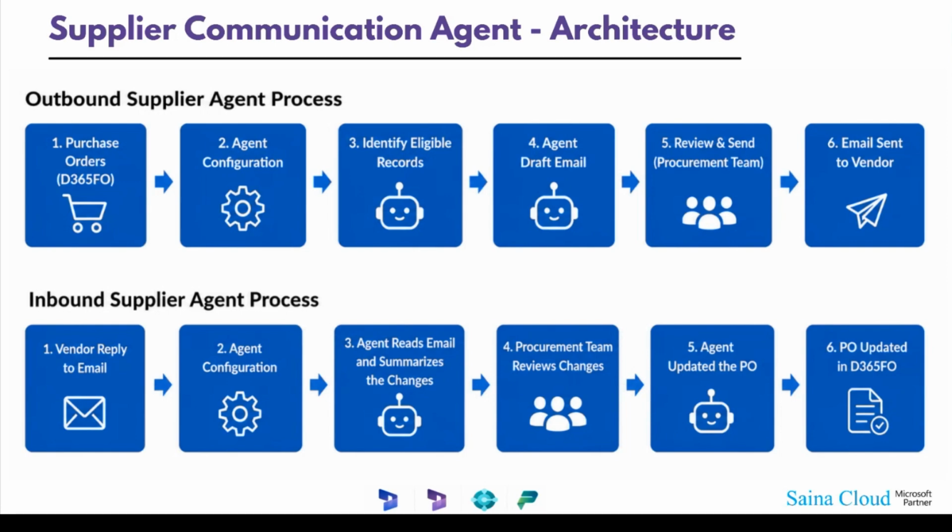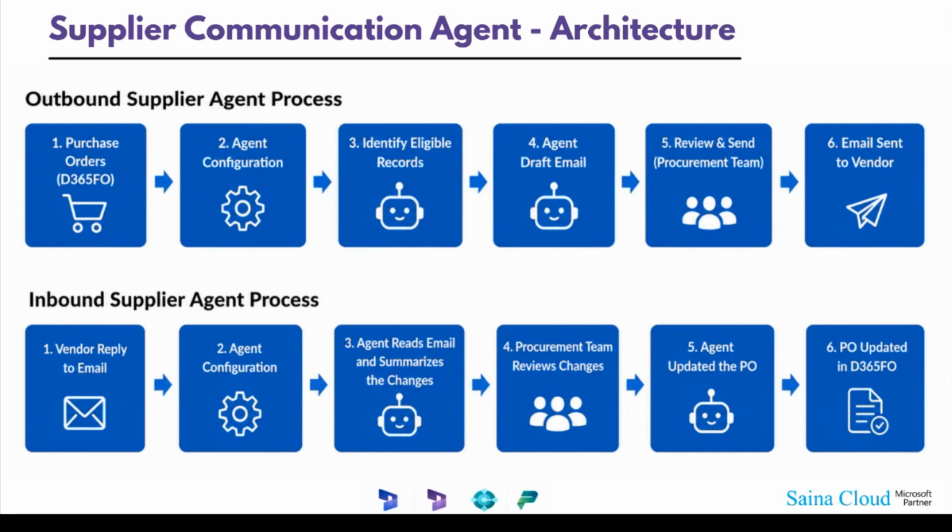Suppose you gave a condition: I have created a purchase order today, so take the created date time, with the purchase order status open order, approved, and not yet confirmed. You wrote all these conditions and configured the agent. Now the agent understands which purchase orders were created today and are still not confirmed.